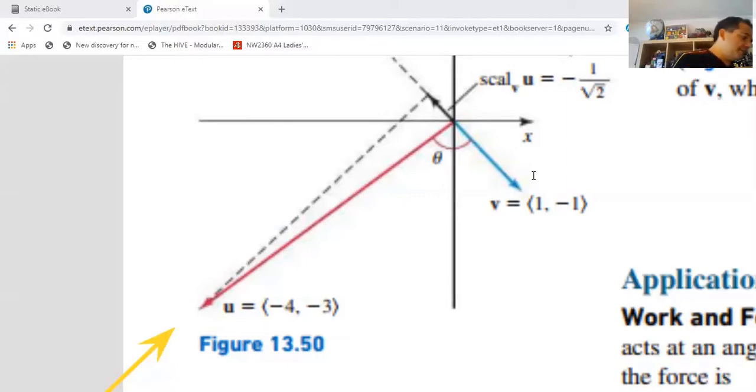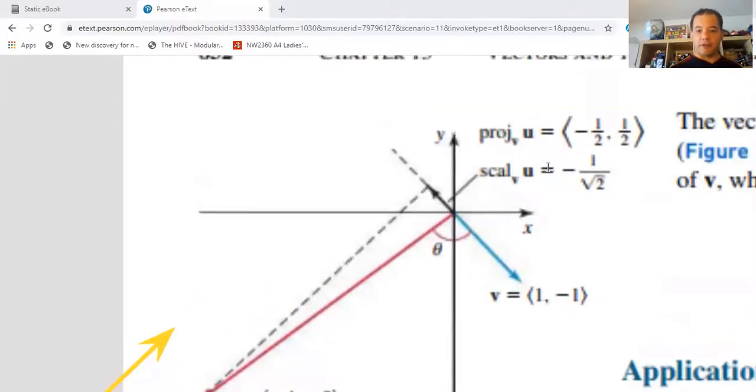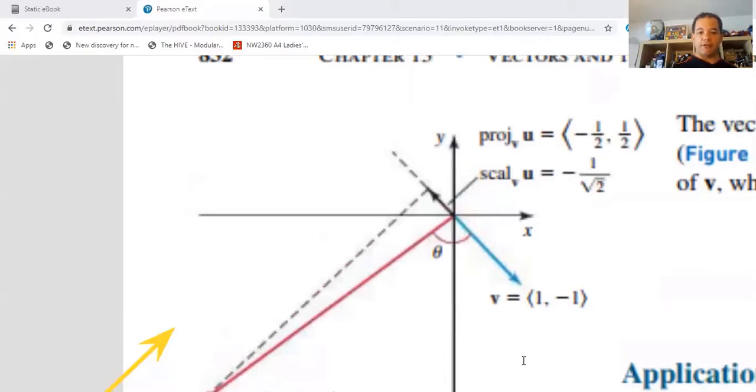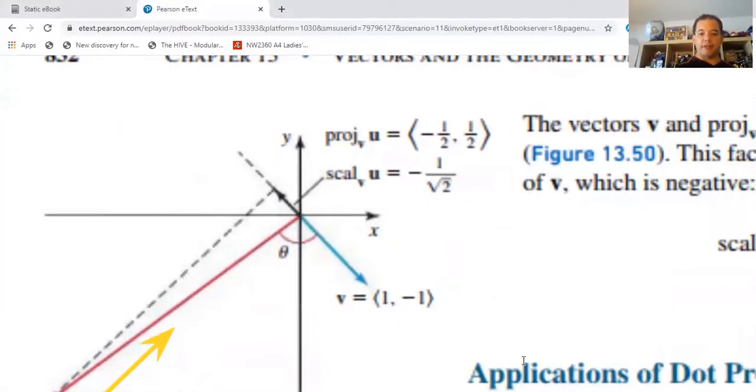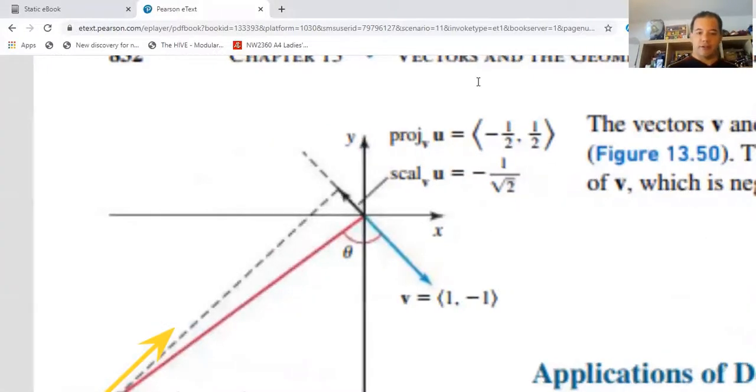Is that clear? There's a projection one as well, right? The projection one is -1/2, the one we obtained. And like I said, that's like taking a unit vector in the direction of v and multiplying it by -1 over √2. That's what the scalar factor means.